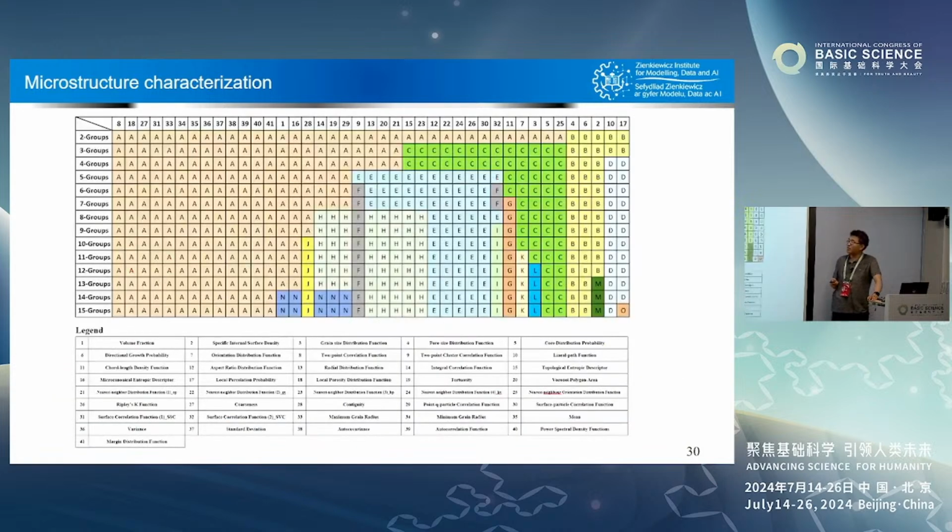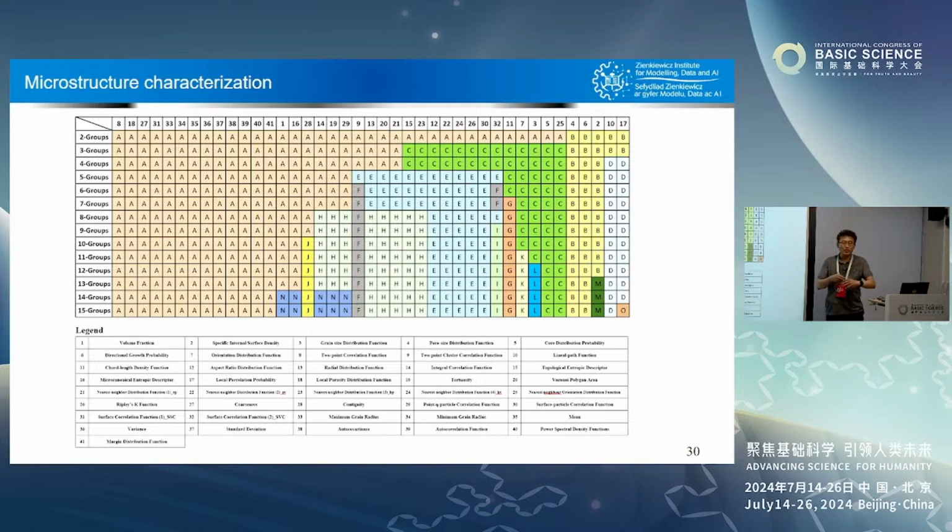The final outcome is quite simple. In this work we did 40. If you group descriptors into 41 groups, you end up with descriptors in each class. What you want to do is group them in such a way that descriptors in the same group are more similar to each other, while descriptors in different groups are more different from each other.